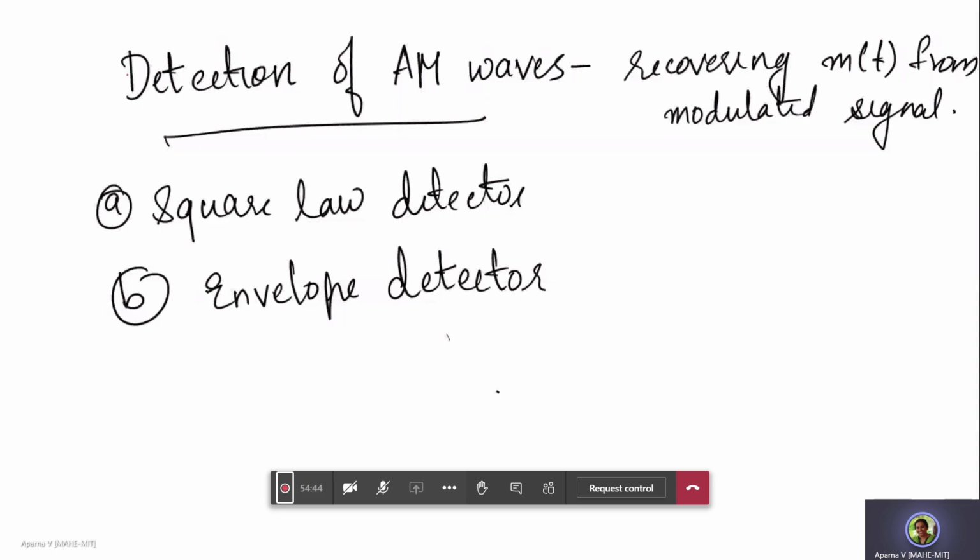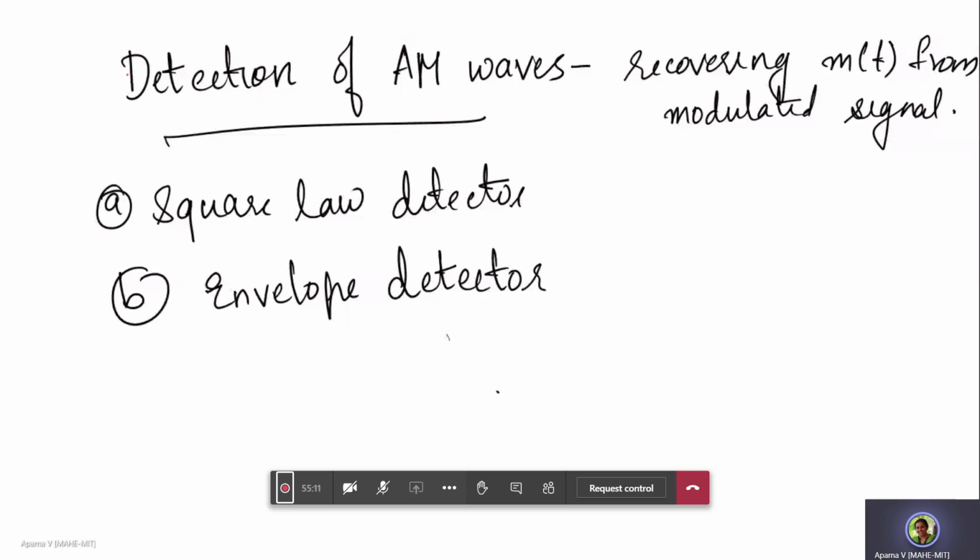So next is detection. In this part, you already have a modulated signal, and from that you need to recover your message signal back. The purpose of modulation was making the signal noise immune and reducing the size of the antenna, etc. Those were our requirements for modulating.